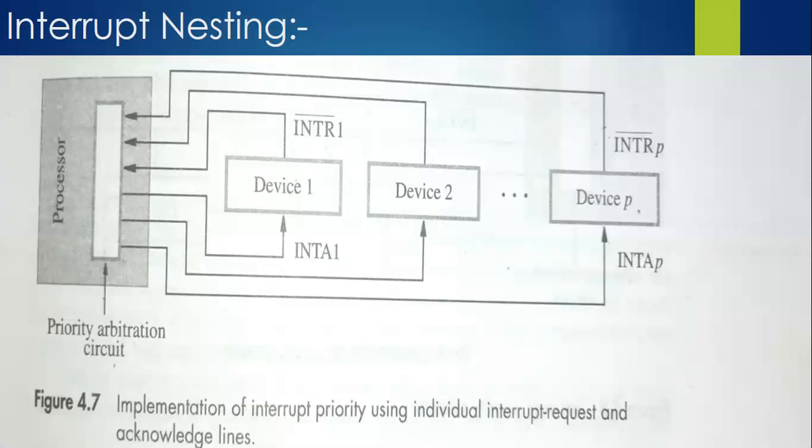Now we'll go for handling multiple devices, which we call interrupt nesting. If you have many devices connected and more than one interrupt request is available, how do we deal with that? Here we have a topic called interrupt nesting. What do you mean by nesting?